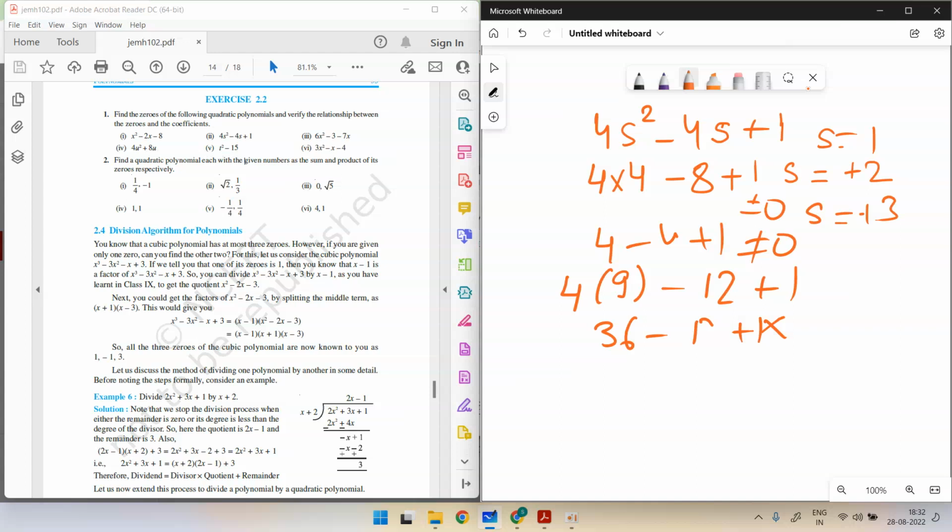Now for this equal to 0, you know by the quadratic formula that the value of s is minus b plus or minus the square root of b square minus 4ac, divided by 2a.